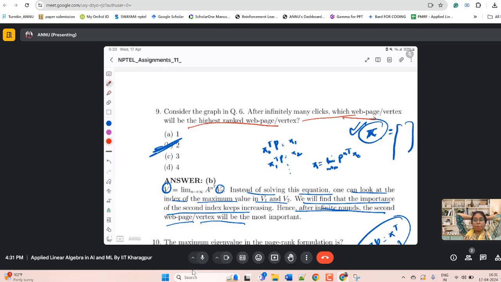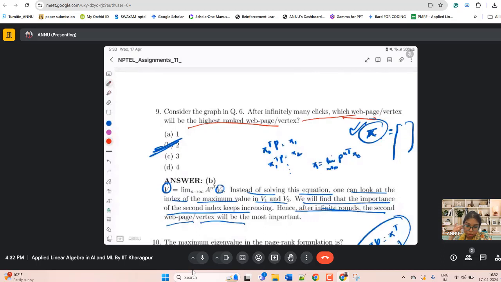That is pi P equals pi, with eigenvalue of 1. That pi that you calculate is actually the stationary distribution. So you need to calculate the stationary distribution and then find the maximum.